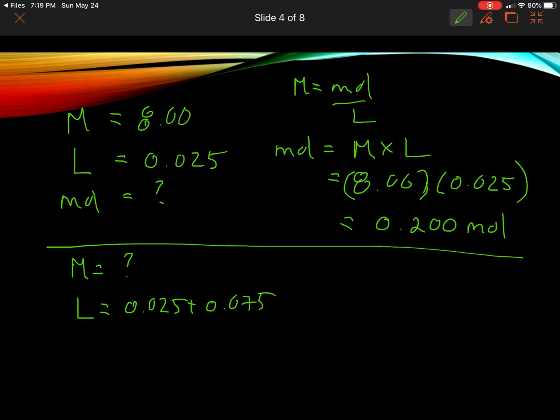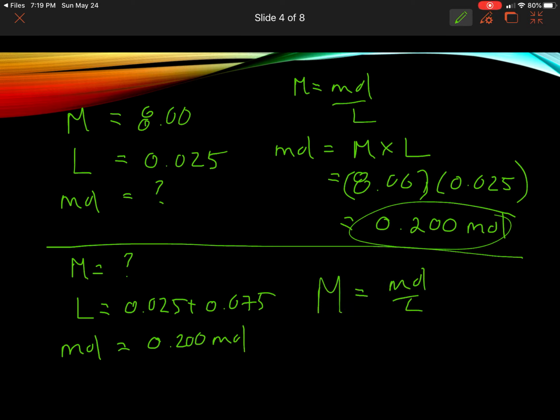So this is 0.25 plus 0.075. And then the moles hasn't changed. You're going to just take it from here, which is 0.200 moles. So finding the final molarity, moles per liter, is just going to be 0.200 divided by 0.025 plus 0.075, which is 0.1.